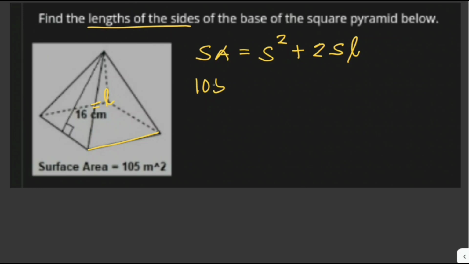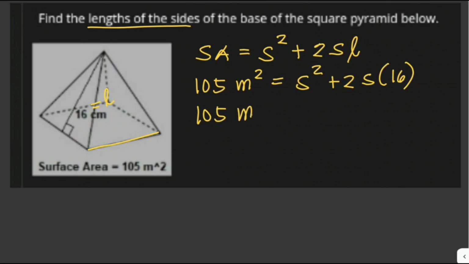We have 105 square meters equals s squared plus 2s times 16. So this is s squared plus 16 times 2 is 32s.